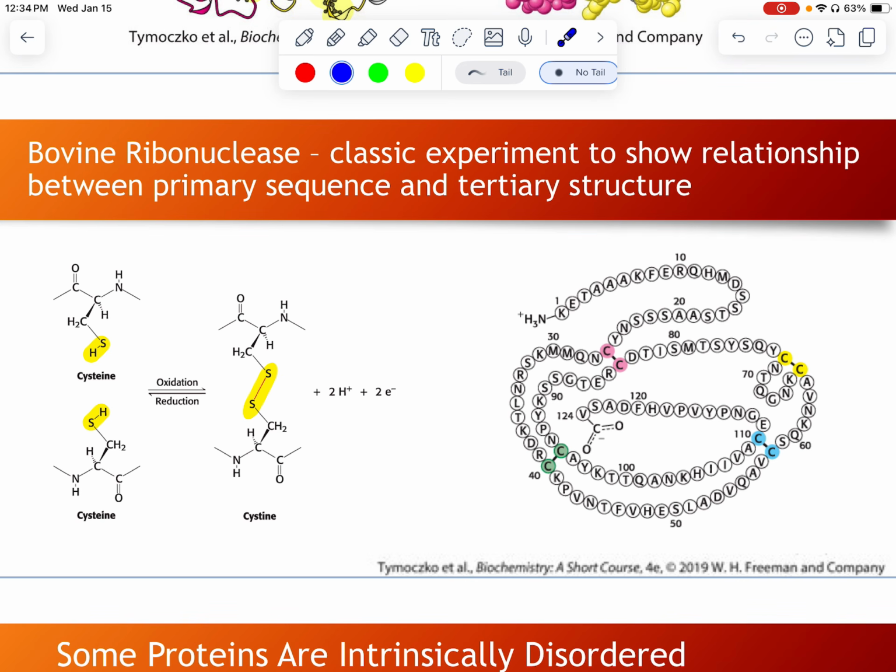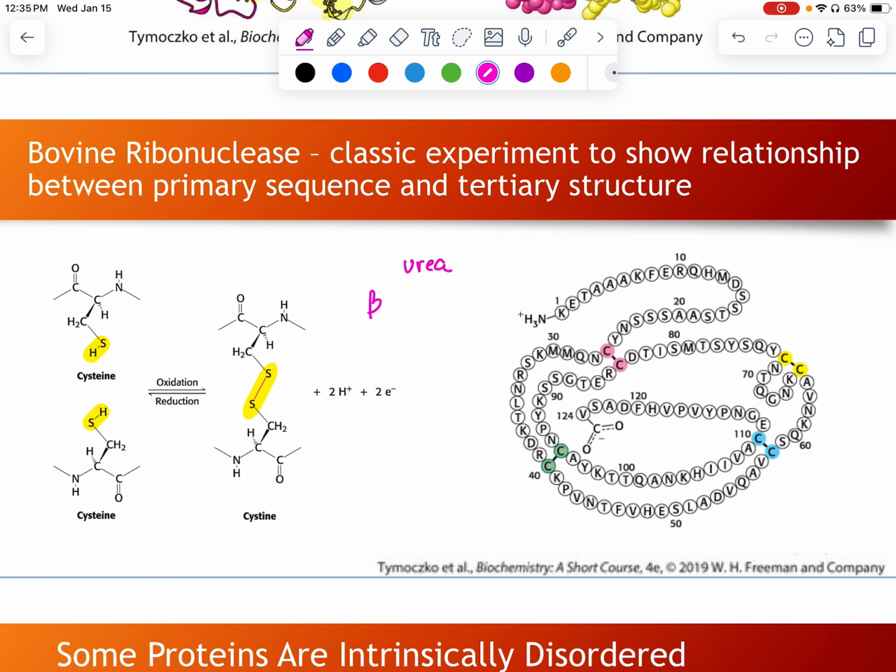So here was the experiment back in the 1950s. They isolated this, put it in a test tube, and then they denatured it, meaning that they interrupted all the intermolecular forces so it would unfold. They did that by adding urea in high concentrations. That breaks apart all the IMFs, hydrogen bonding, all of that.